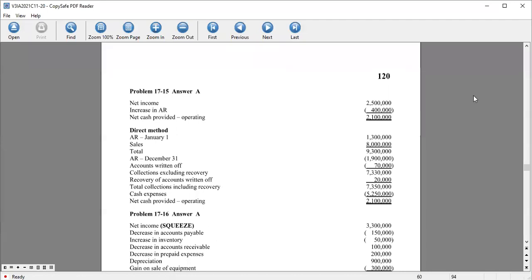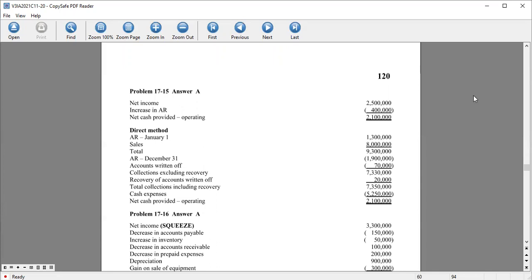Then accounts receivable ending is 1.9. Now we add back 1.6 and 300. So 1.9, and we deduct accounts written off of 70,000. We have the collections excluding the recovery from bad debts. Then we have the recovery of accounts written off for 20,000. We have the total collections including recovery.